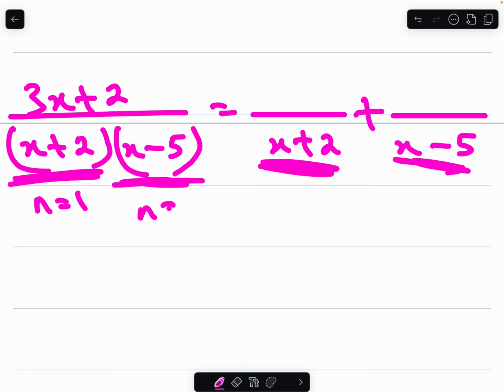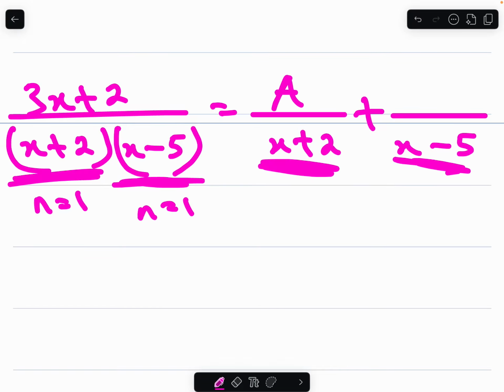The numerator of the partial fraction of each factor will have a degree that is 1 less. So if this factor has a degree of 1, the numerator of its partial fraction must have a degree of 0, and a polynomial of degree 0 is the same as a constant.